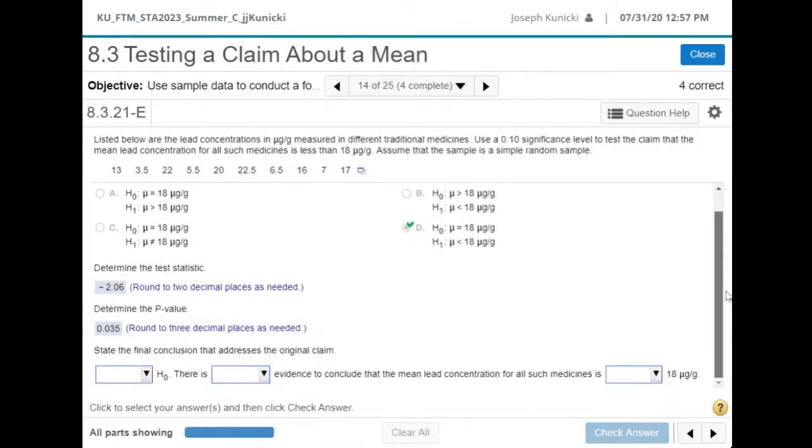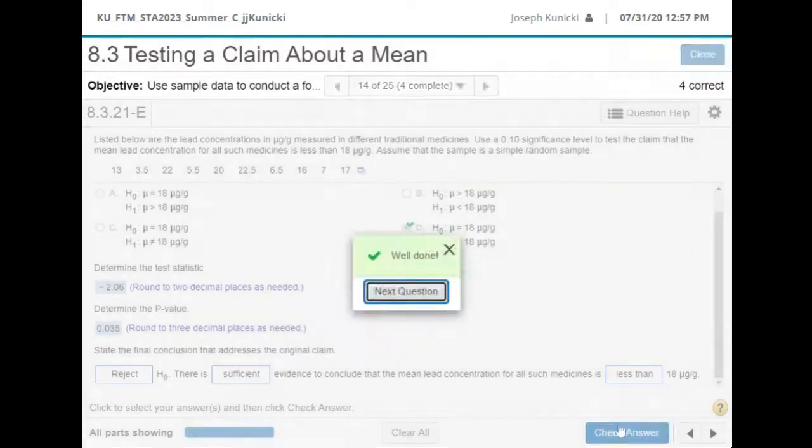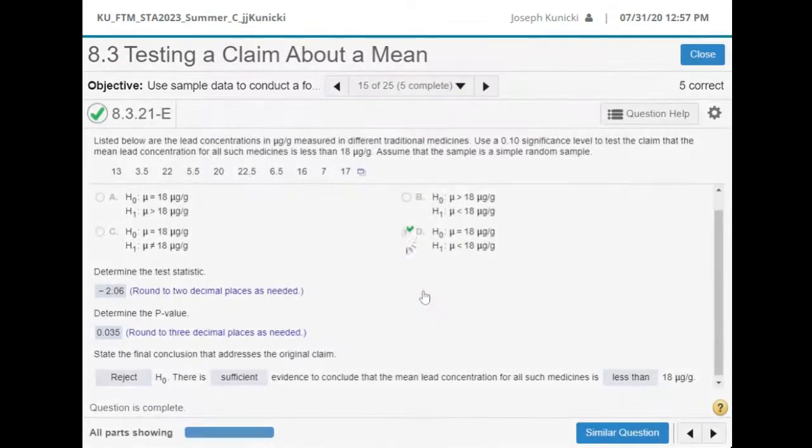And that's less than 0.1. So we're going to reject. So there is sufficient evidence. See, we're supporting the claim, so that's why it's in the positive. And the claim is that there was less than 18 milligrams, so we're supporting the claim.